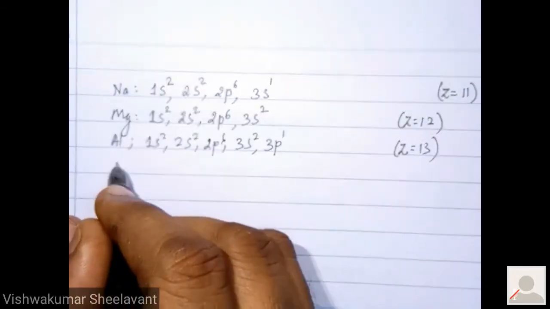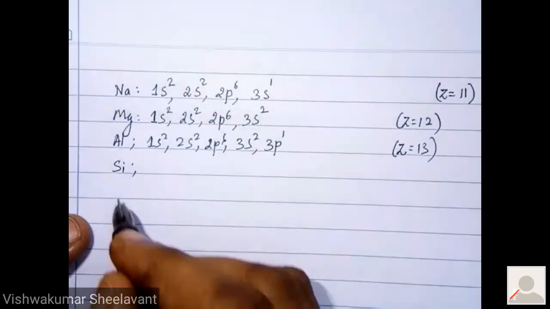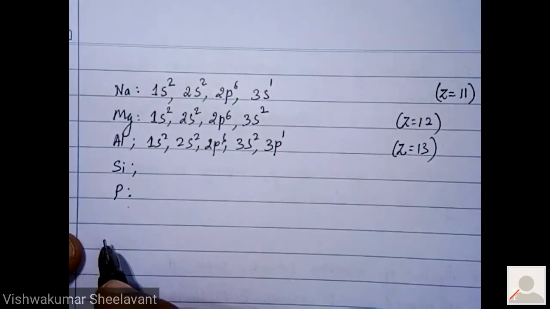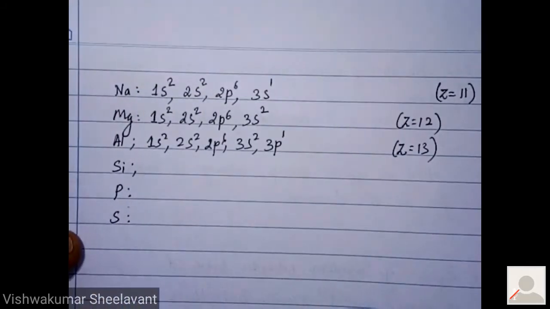Can you write for silicon and then phosphorus and then sulfur, chlorine and argon.